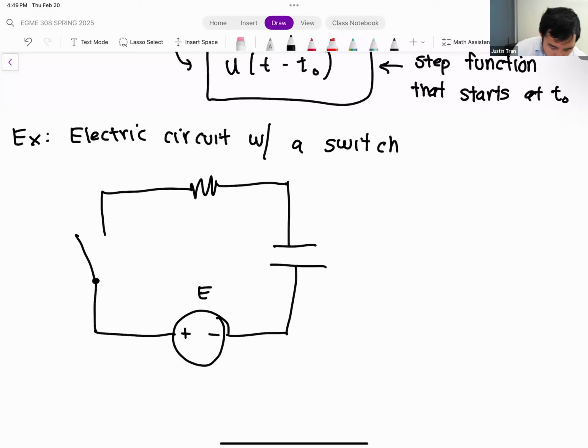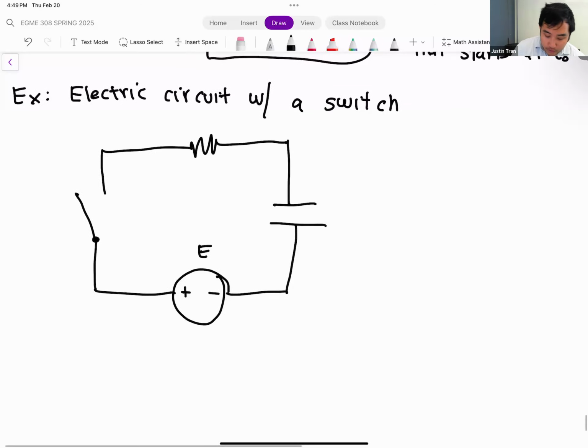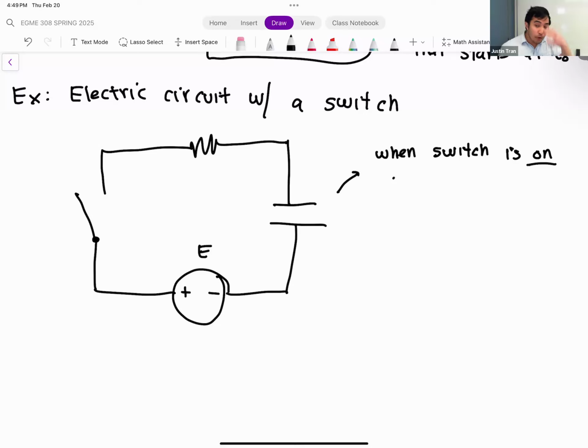So let's look and see what happens when the switch is on versus when the switch is off. So when the switch is on, the battery is fully connected to the entire circuit.